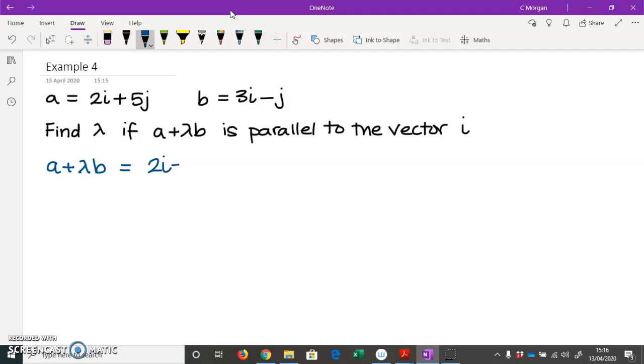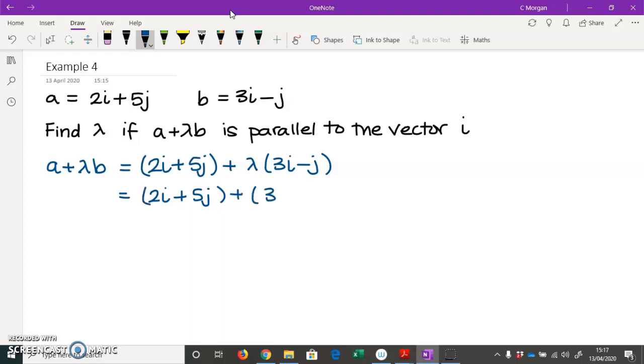So I've got vector a, which I've got here, and I've now got to add lambda times vector b. Now, if I multiply all that out, well, I've got 2i, add 5j, and I've also got now 3 lots of lambda i minus lambda j.